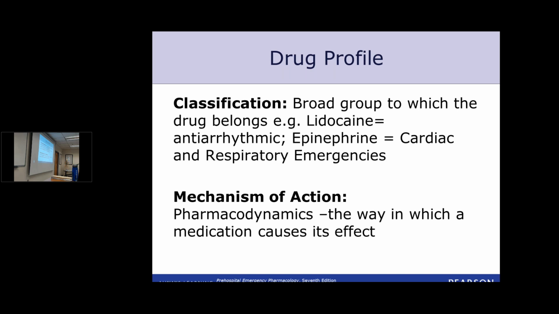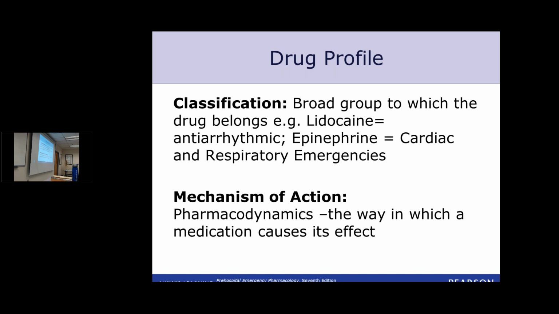Past that is classification, a broad group to which the drug belongs, i.e. lidocaine being an antiarrhythmic, epinephrine being a cardiac and respiratory emergency drug. If you look in your pharm book under Appendix C, you will see in many cases the broad section for each one of those drugs out there. I typically will not ask you about the classification per se, but as we get deeper and deeper in this, you should have an understanding that it works either on the cardiac side, the respiratory side, or both.